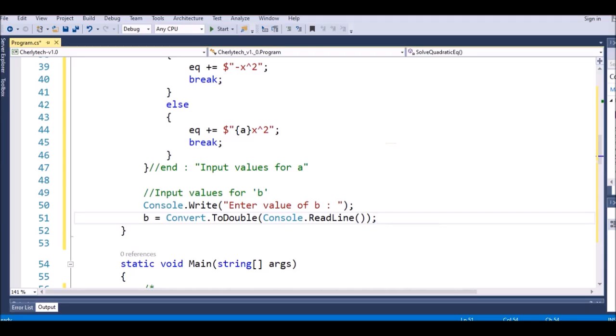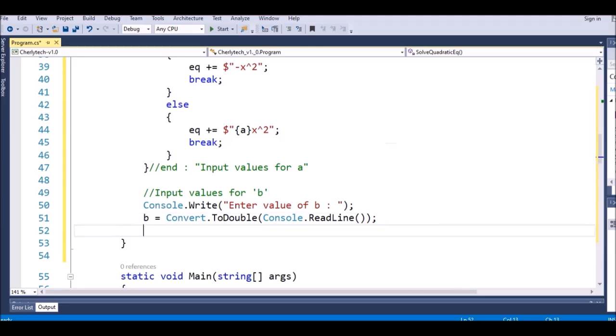And after that, we have to separate, right? In the case that B is different from 0 or is 0. So I will use the if statement.